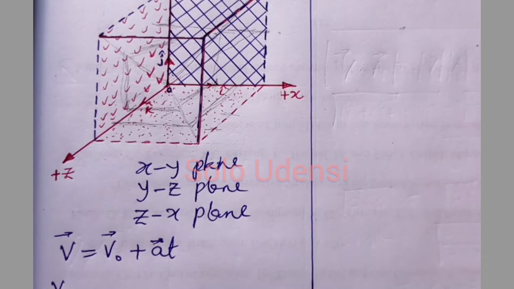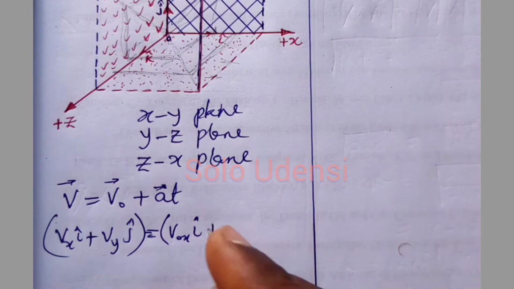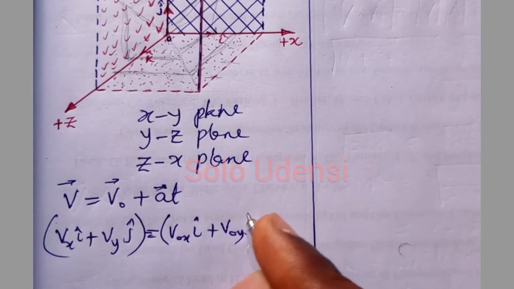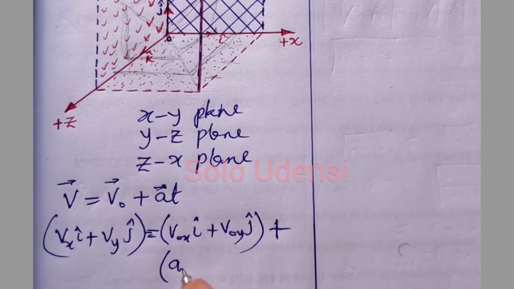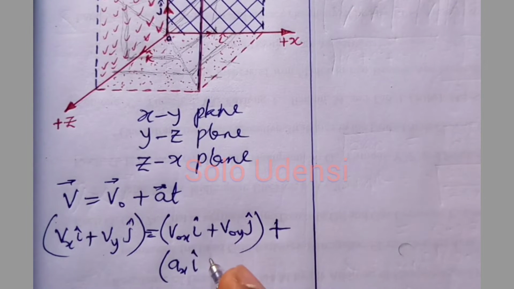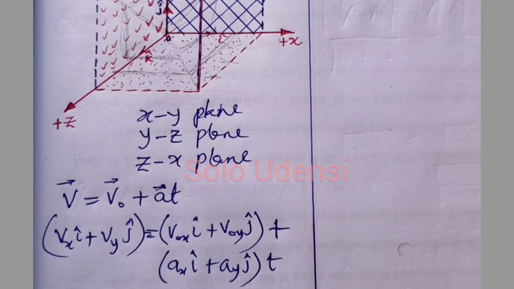Of course you know how to write this in component form: vx i + vy j = (v0x i + v0y j) + (ax i + ay j) times time.